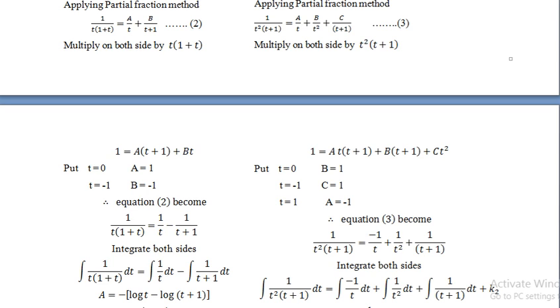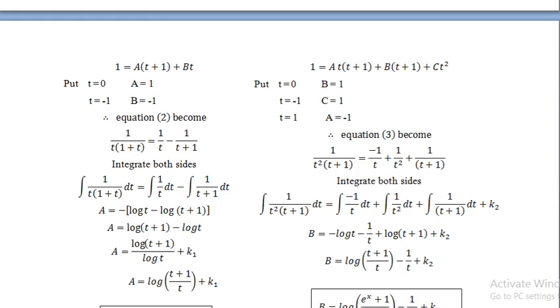Now we use the a and b values in equation number 2 and integrate. So integration of 1 divided by t dt, since the a value is 1, and the b value is minus 1, so minus integration of 1 divided by t plus 1 dt. Then integration of 1 by t is log t, and 1 by t plus 1 is log of t plus 1.